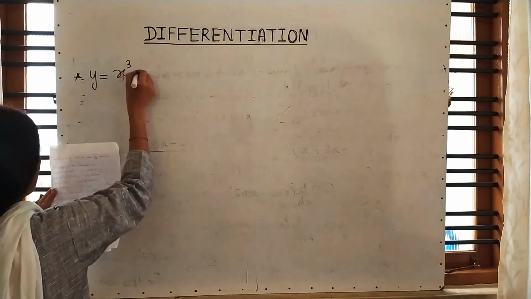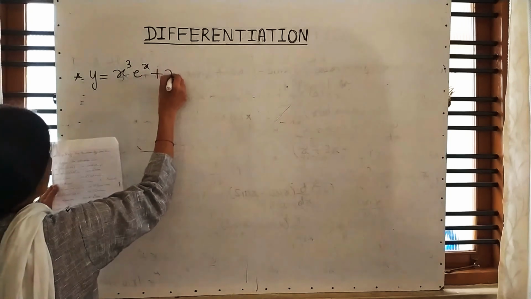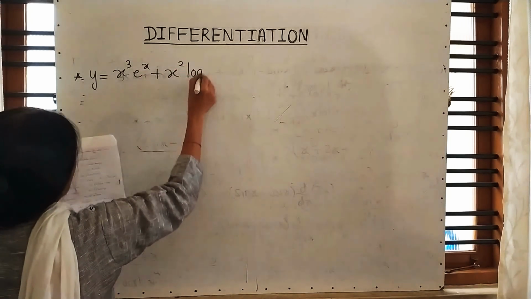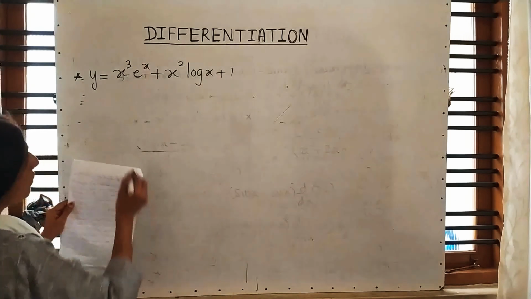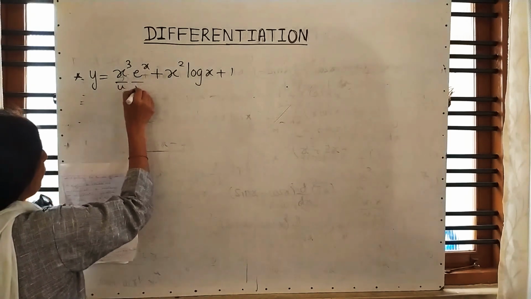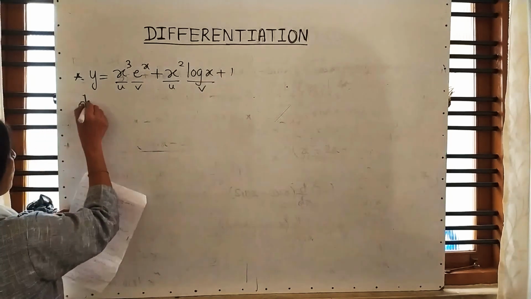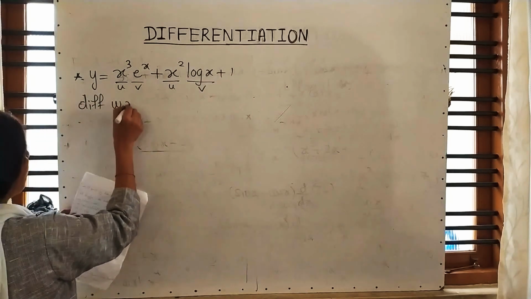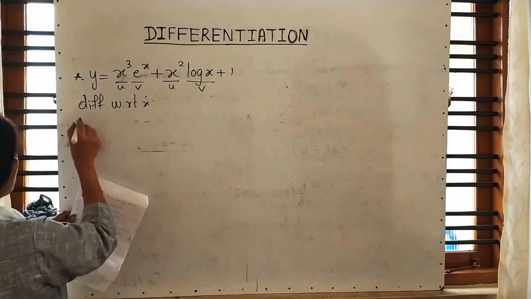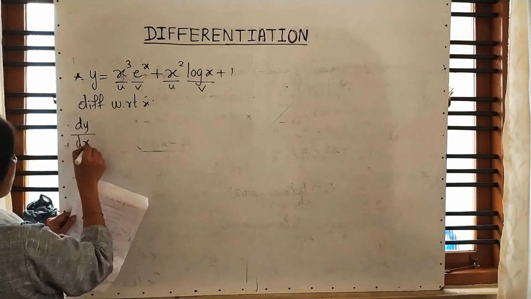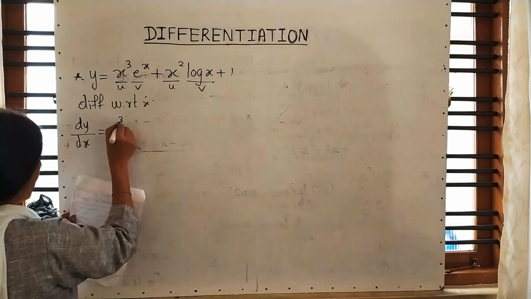x cube into e raised to x plus x square into log x plus 1. See student, this is u into v, this is u into v, plus 1 is 0. x cube I kept as it is.